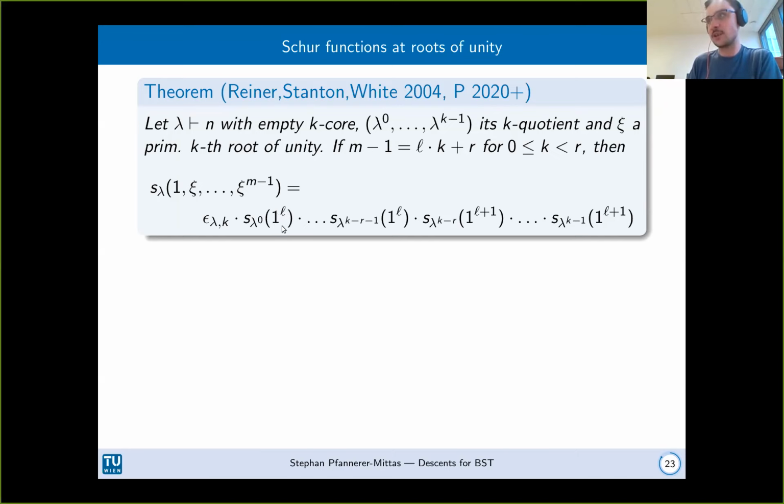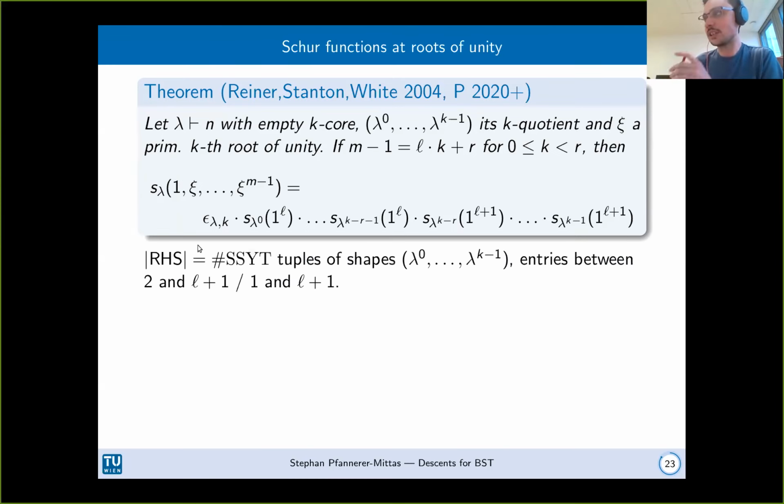We have just a bunch of ones showing up. And precisely in the last r partitions, we have L plus 1 ones, and in the other ones we have just L ones. The original theorem due to Reiner, Stanton and White was the case for r equals 0, and the generalization is, at least that I'm aware of, the first one, and it was figured out by me.